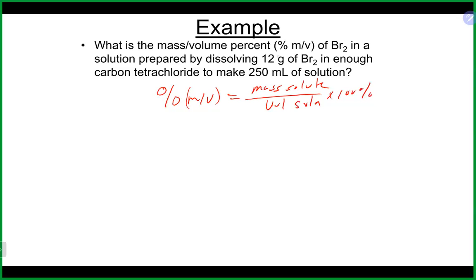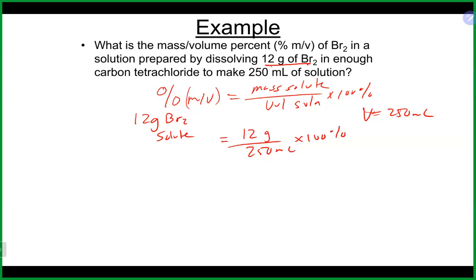In this case, we have 12 grams of Br2, which is being dissolved, so that is our solute. And we have 250 milliliters of solution, carbon tetrachloride. And we will go with 12 divided by 250 milliliters times 100%.